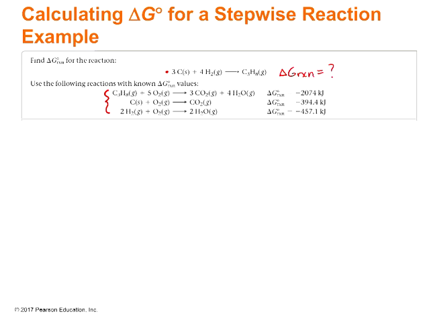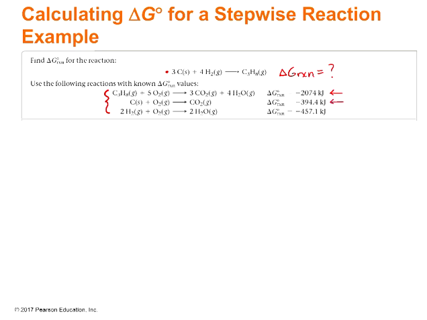Initially we have propane reacting with oxygen to produce carbon dioxide and water. That's a combustion reaction for propane, and that has a known delta G value. And then we can also use a second reaction where carbon reacts with oxygen to produce carbon dioxide, a combination reaction.